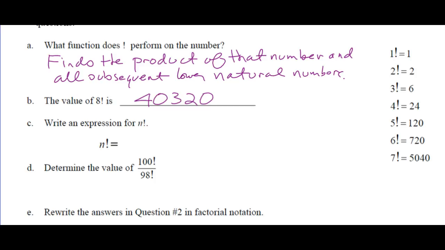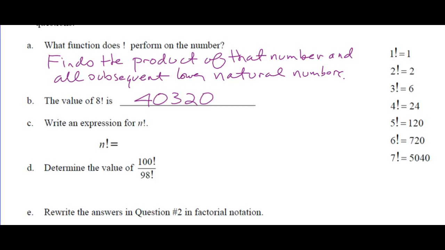Right? So 8 factorial is just 8 times 7 factorial. Okay. Or 8 factorial is 8 times 7 times 6 factorial. Or 8 factorial is 8 times 7 times 6 times 5 factorial, right?